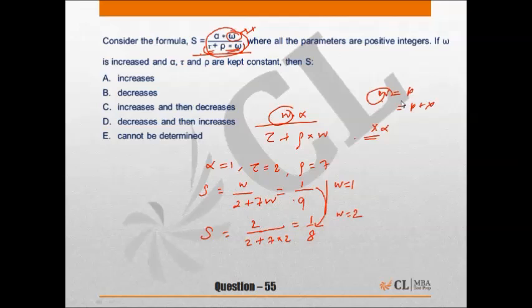So from here it is obvious that whenever we have this kind of expression where one of the factors, like omega in the given case, is multiplied by something in the numerator and it does not have any other term, and in the denominator one of the terms has omega as its multiplier but the other terms are independent of omega, and it is also known that all the parameters are positive, then the value of this whole expression will always increase when the value of omega or any other such factor is increased.